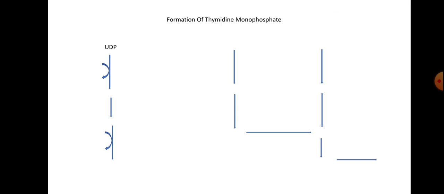UDP will be converted into dUDP, that's deoxyuridine diphosphate, by the help of ribonucleotide reductase, which is using thioredoxin to reduce this ribose moiety in the UDP. dUDP will be converted into dUMP by dephosphorylation, right? So you're removing a phosphate group and forming dUMP.